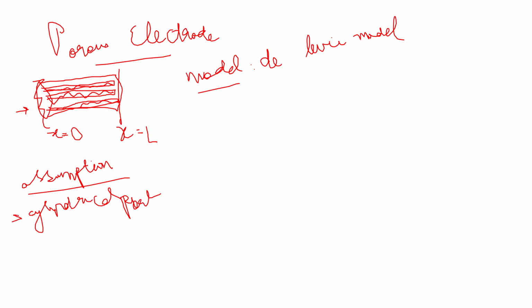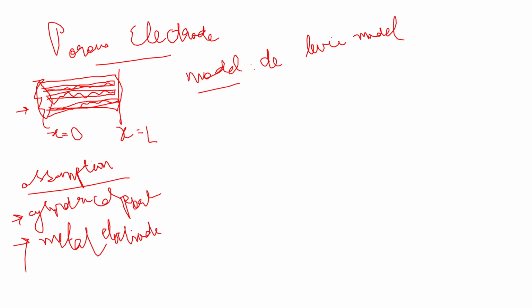So it's a cylindrical pore. That's what is considered first. Next, we say it is specifically for a metal electrode, not for any other.